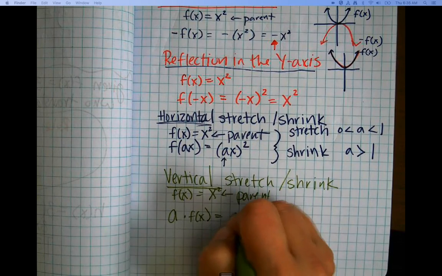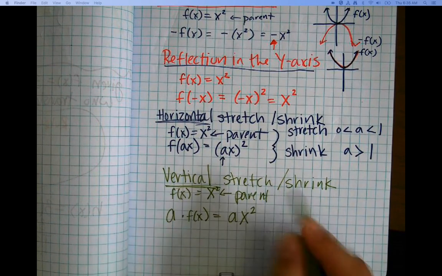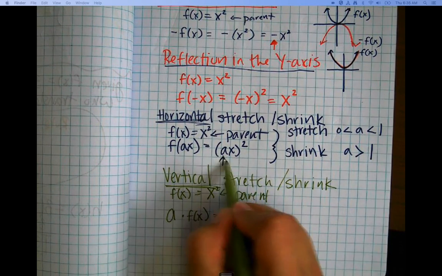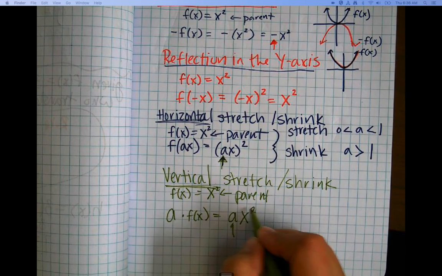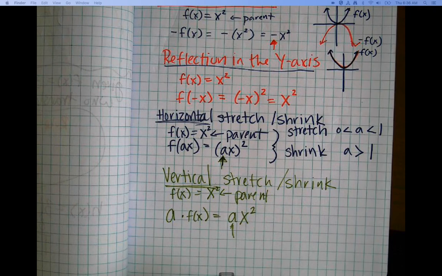So if you see ax squared, so notice up here the a was inside the parentheses. Here the a doesn't have parentheses. The squared is just on the x value.